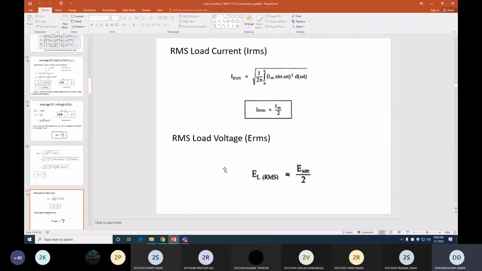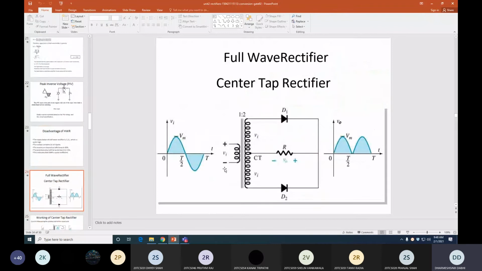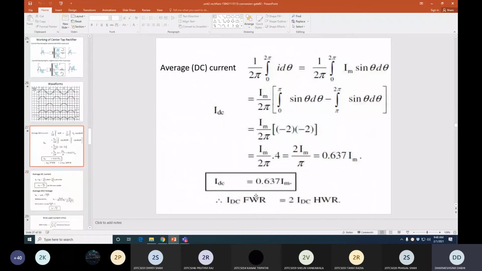Here you get 2 Im by pi. It means that in the full wave rectifier, your load current is 2 times the load current of the half wave rectifier. That's why it is written that the average DC current of the full wave rectifier is 2 times IDC of the half wave rectifier.